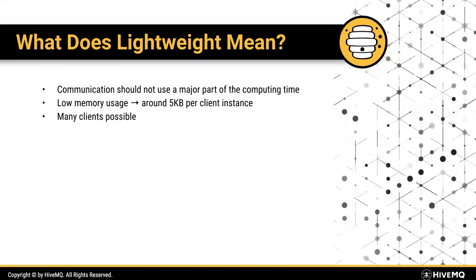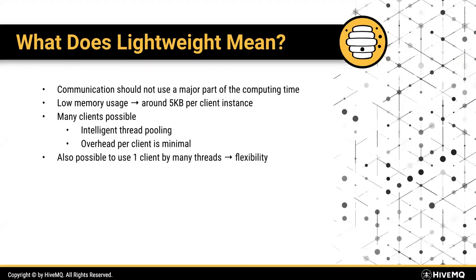You can use many clients, as I already said. We use the client library to simulate millions of MQTT clients with a few machines. But you can also use one MQTT client from different threads, because you can really use it in a thread-safe way.